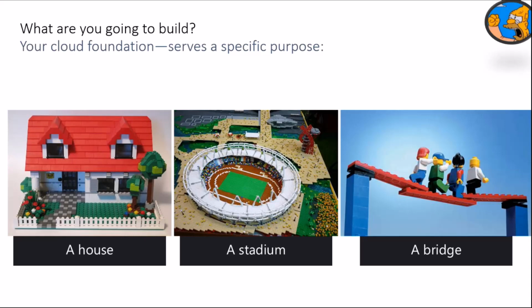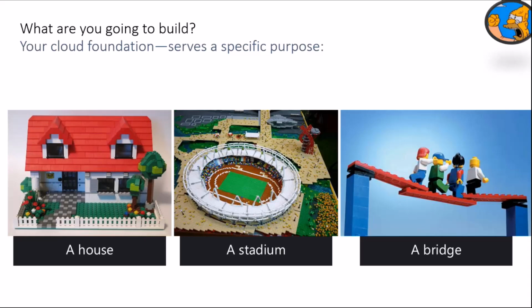So whether it's as simple as a house, a bigger object like a stadium or building, or just a simple bridge, there will be certain effort. Once we understand what we're trying to build, or what solution we're trying to architect, devise, deploy and use, then we need to prepare accordingly.